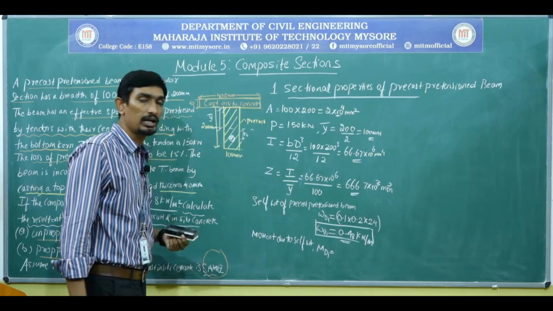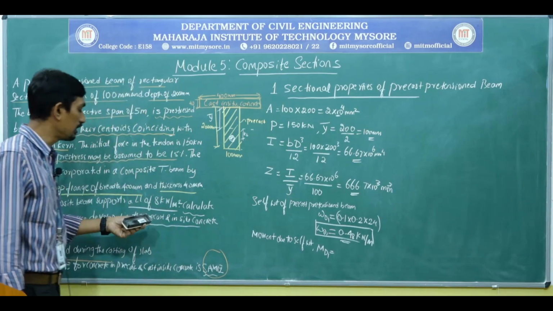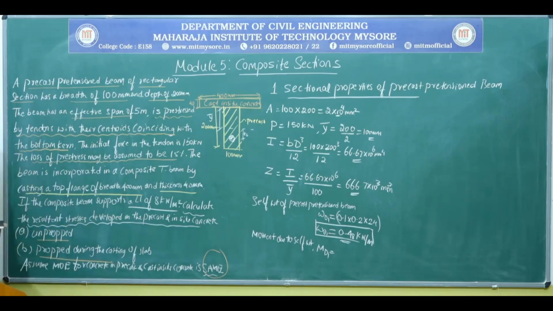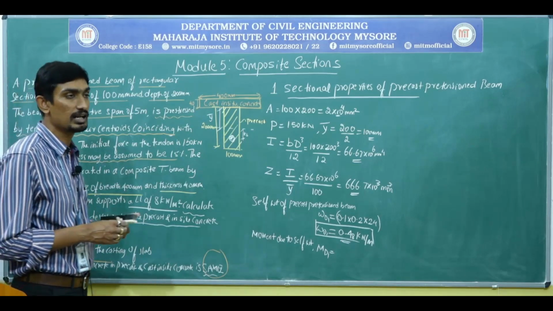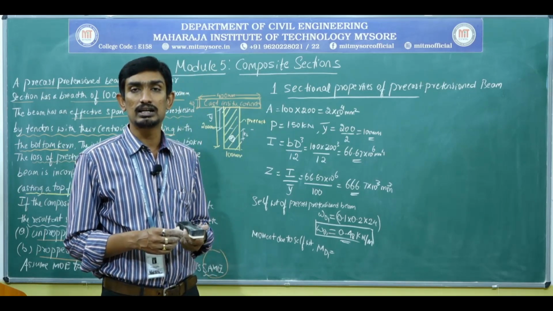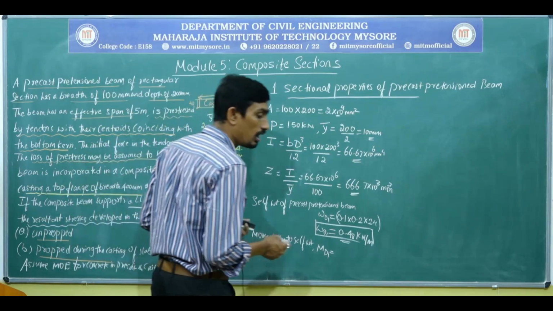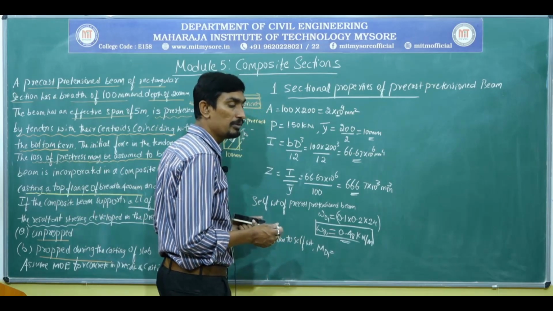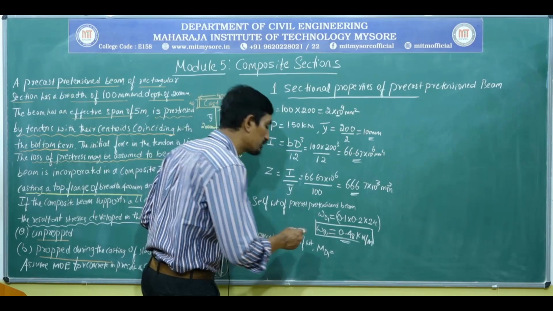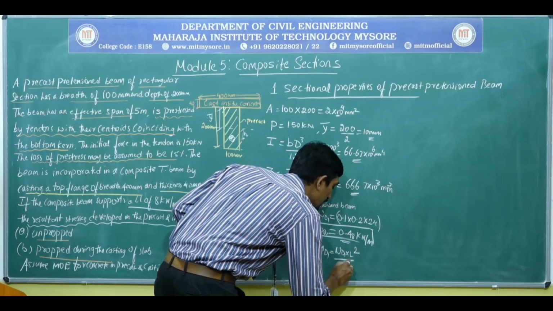Now the very important thing: since nothing has been mentioned about at which particular section I need to calculate the resultant stresses, I am going to calculate the resultant stresses at mid span only. The bending moment will be maximum at mid span, hence the formula is WD1 into L squared divided by 8.